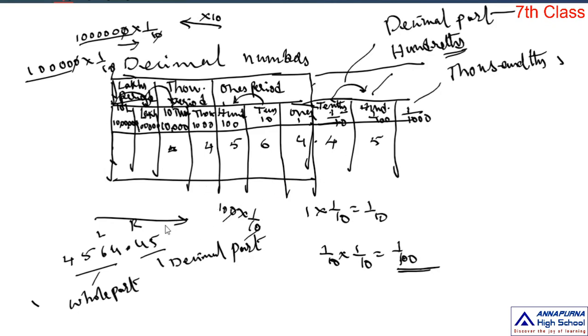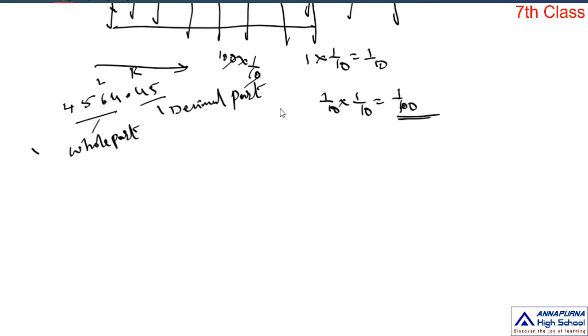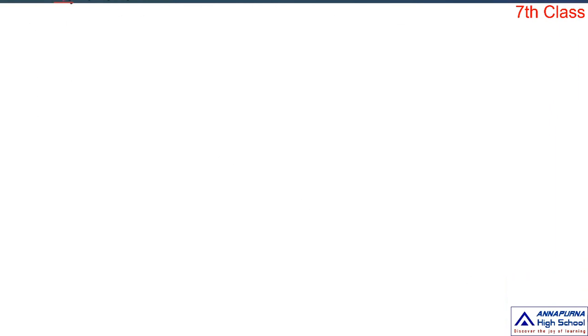Now suppose if you do reverse, that is the given number is 4564.45. We can write the given number into its expanded form. How? I will explain.